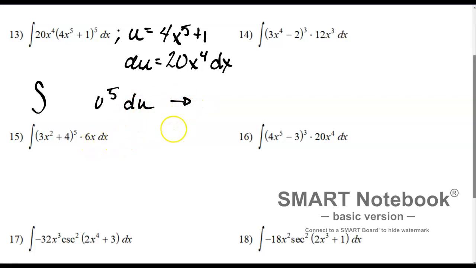So what would the power rule have me do here? Basically, u to the 6th over 6. And now let's plug it back in. What is u? Sorry, I can't access that.